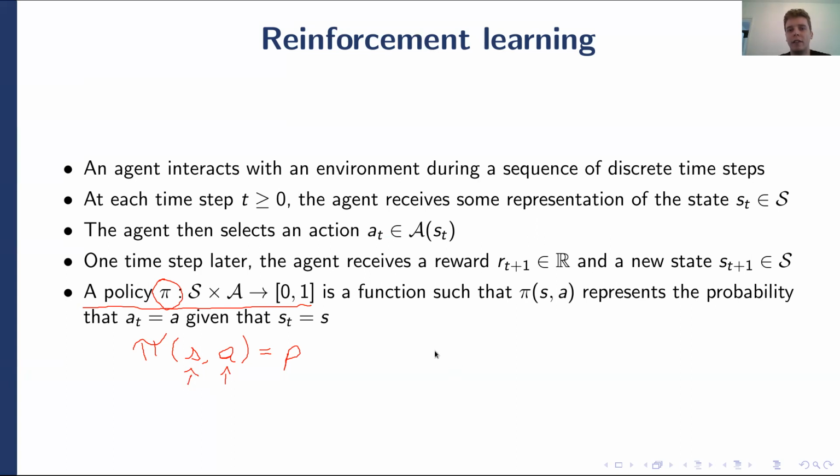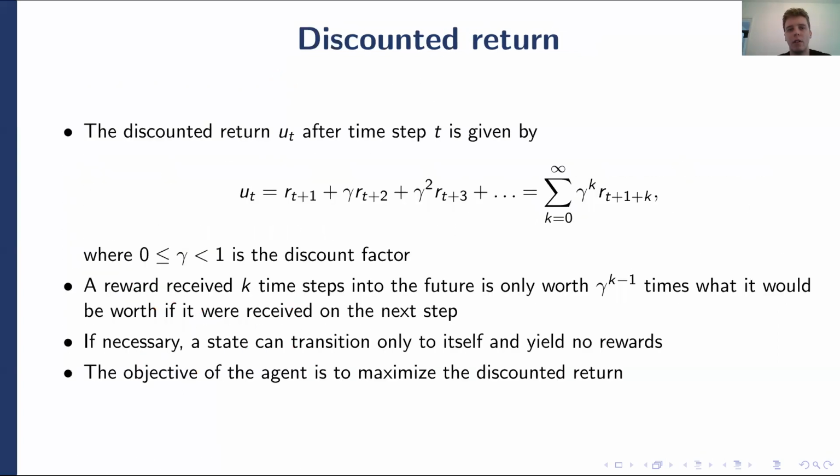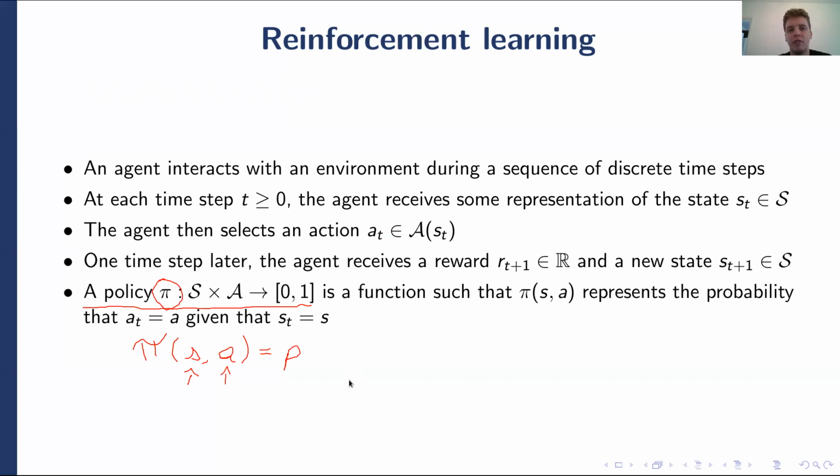Let's say, for example, that in a given state S, the agent is sure to take action A. In that case, our policy would simply say that the probability of, in state S, taking action A is 1.